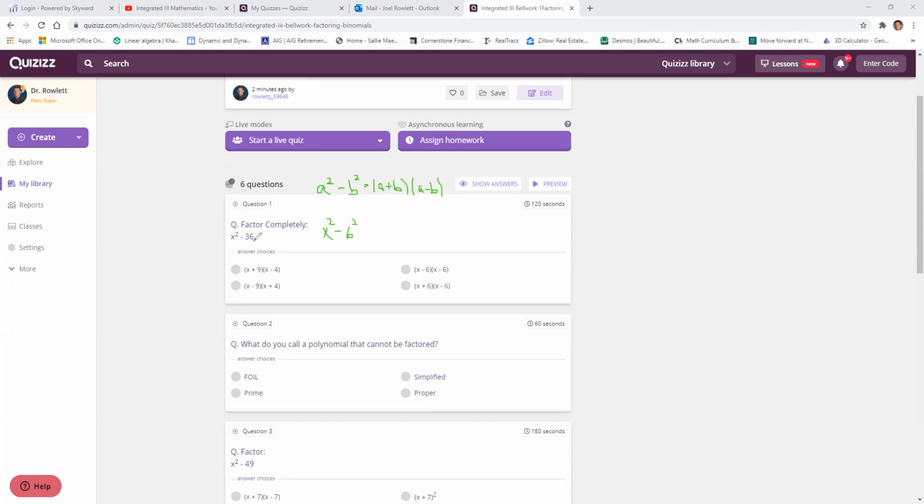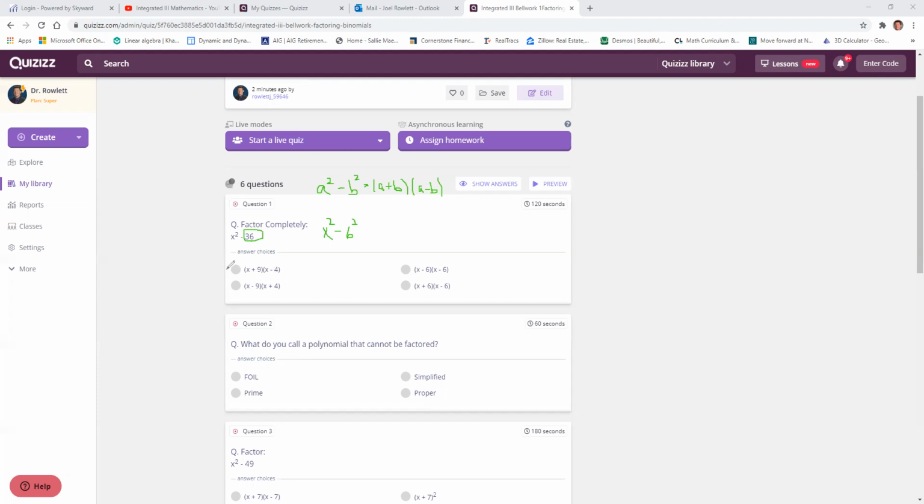Now, after you've done these for a while, you probably don't have to write that step. Most of you probably recognize a square when you see one, but if not, you may still have to write it out where you can actually see the base. So the formula says when you factor it, you take the first base plus the second, first base minus the second. Well, the bases are x and 6.